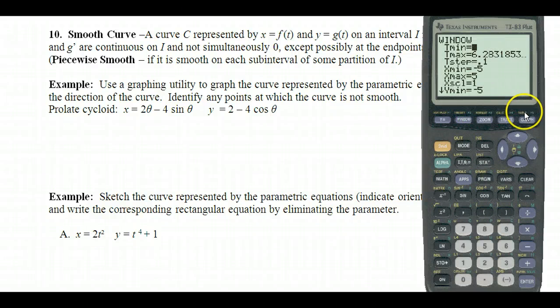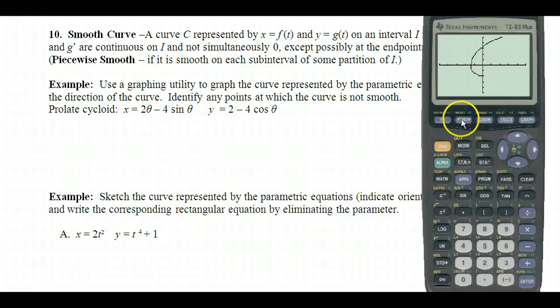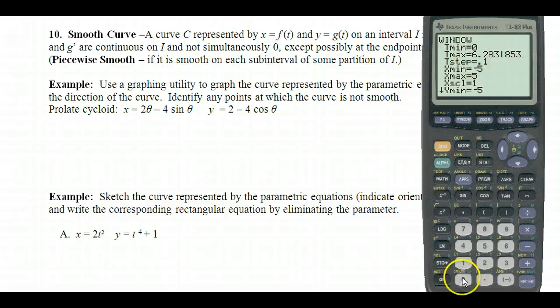I'm going to leave my window for now and see what the graph looks like. Oh boy, I didn't see very much of my graph. We're definitely going to have to make this quite a bit larger. We only went from 0 to 2 pi, which needs to be significantly greater.